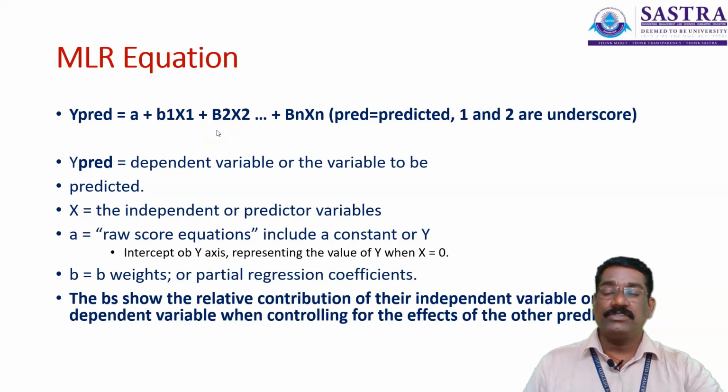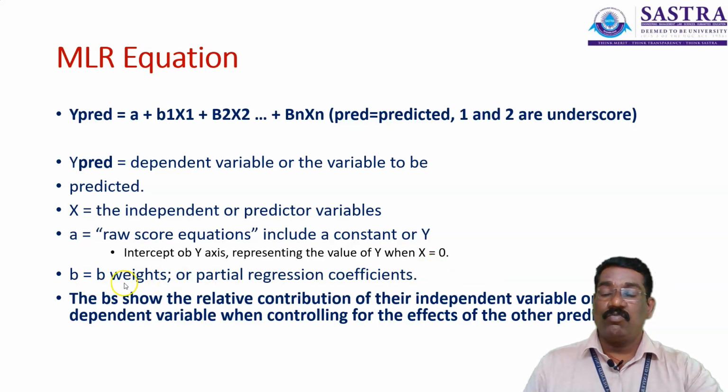The respective coefficient value will determine how much the dependent variable is predicted by each independent variable, and A is nothing but the raw score equation, which includes a constant for y. It means the intercept on the y axis, representing the value of y when x is equal to 0.